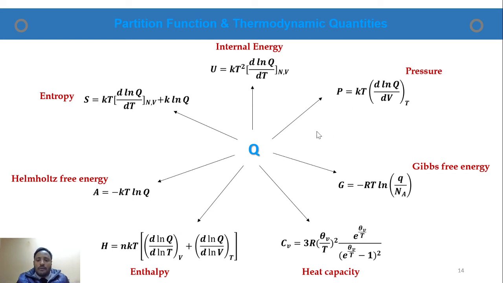In fact, we can find for any thermodynamic property a relation in terms of the partition function Q. Thus, the partition function acts as a storehouse of information pertaining to the behavior of atomic and subatomic particles. And this information can be used to build up the overall thermodynamic properties of a system.